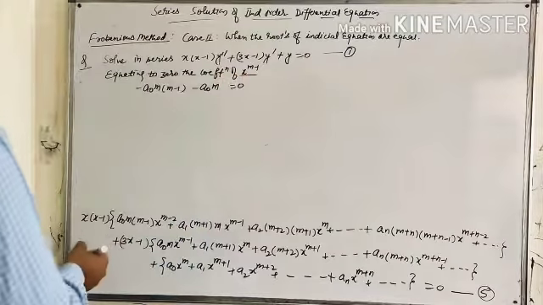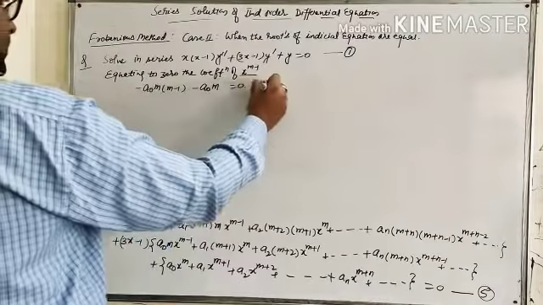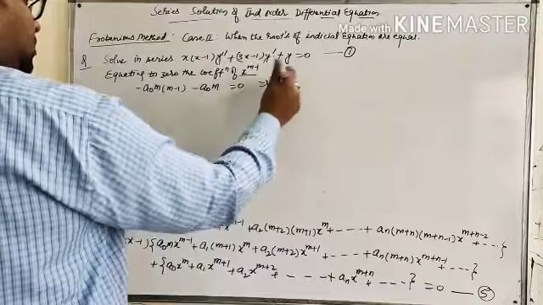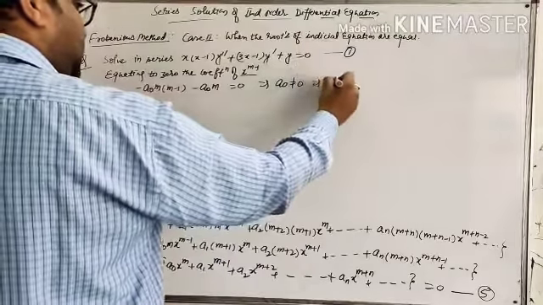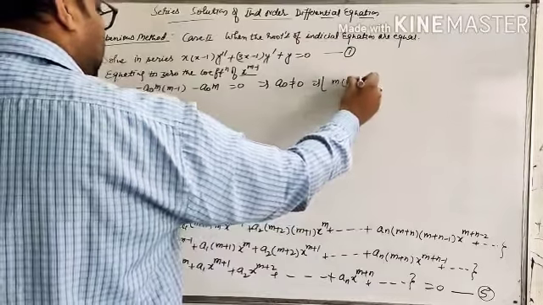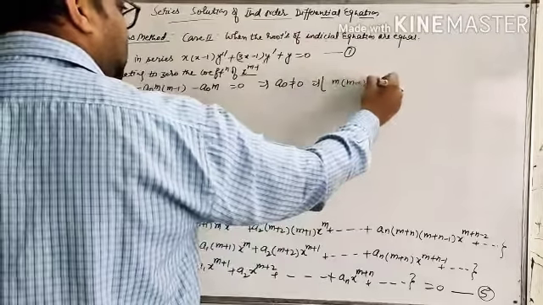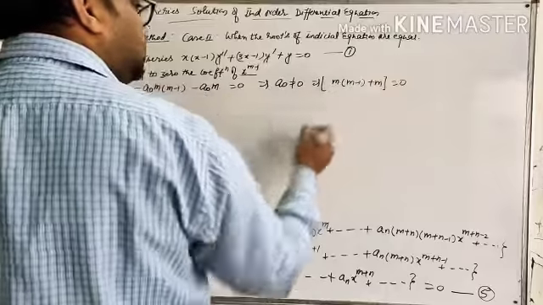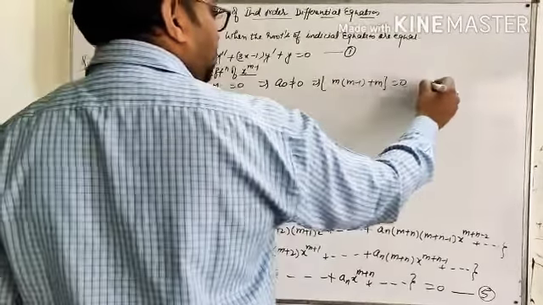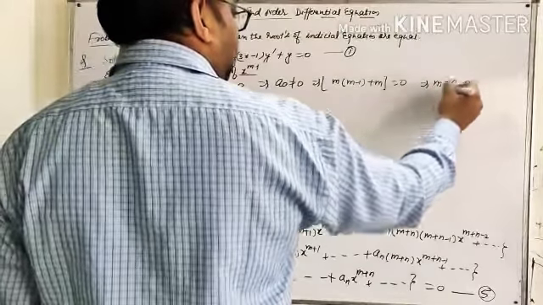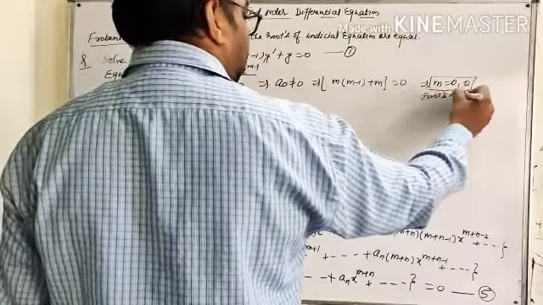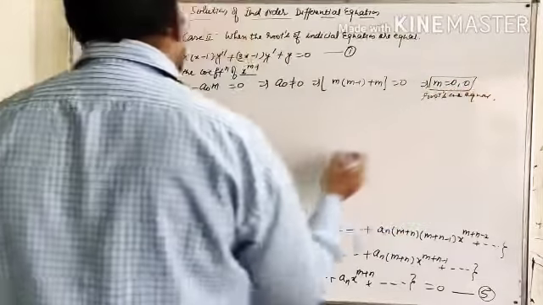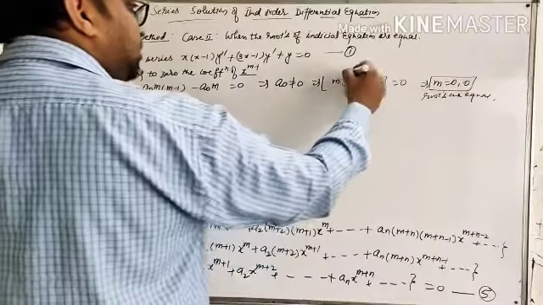So it is equals to 0. But a naught cannot be equals to 0. So m into (m minus 1) plus m is equals to 0. On solving, m equals to 0, 0. So the roots are equal, and this equation is known as the indicial equation.